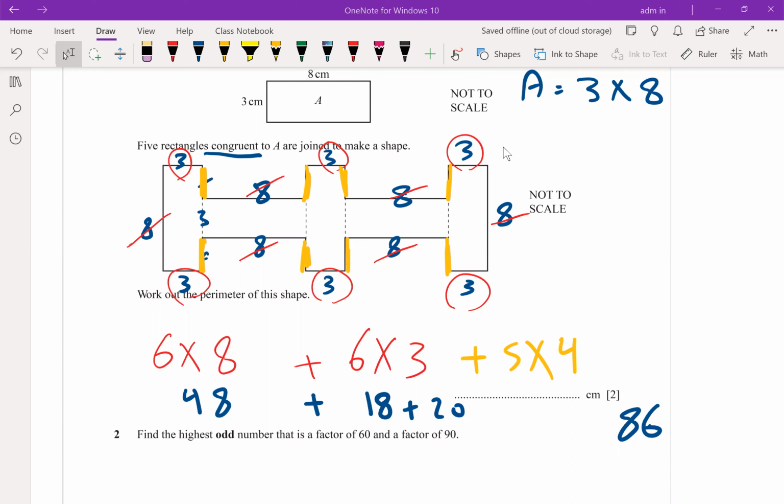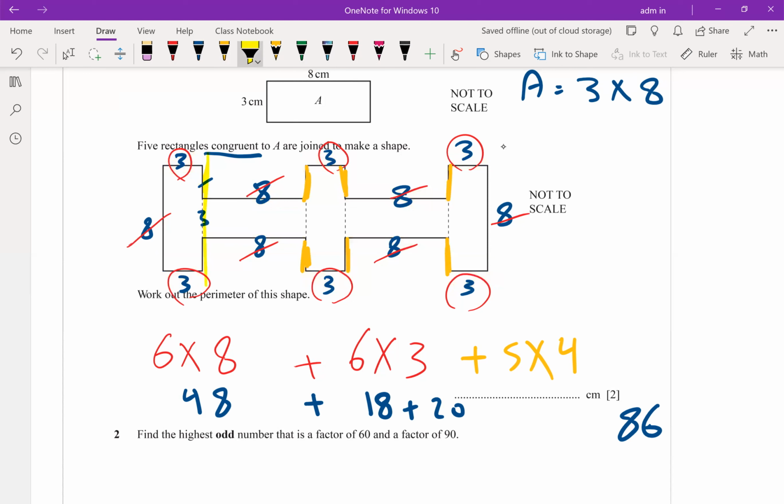Look at this line. The perimeter is the length of the outline. So we need to find the total of the yellow line, right? Look at the vertical side, this part.